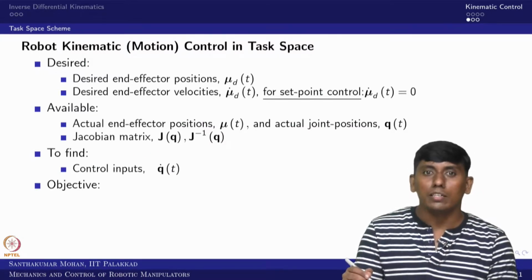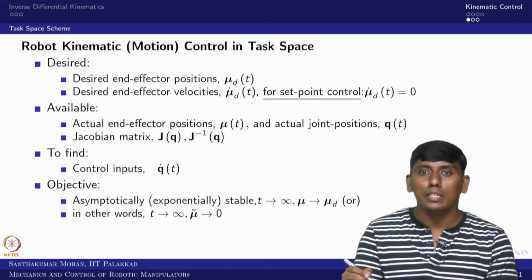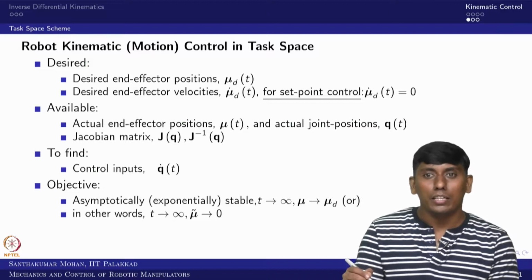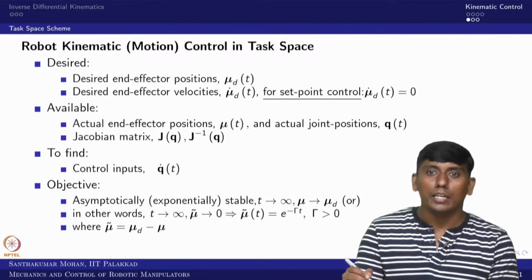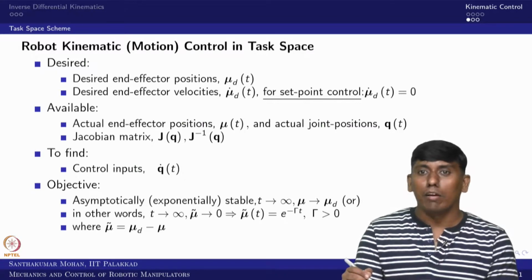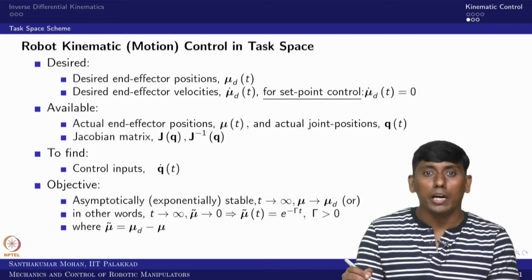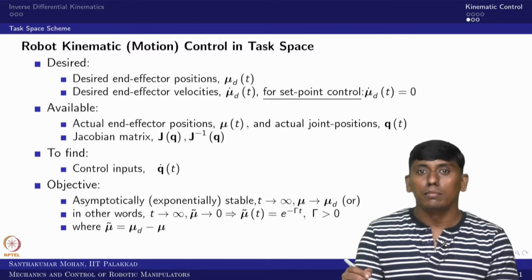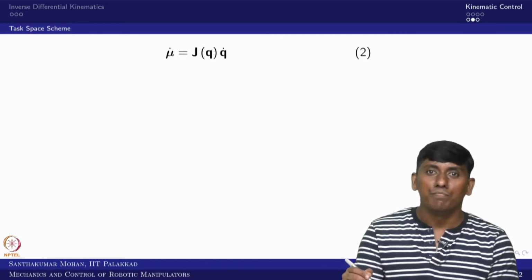The objective here is that the mu tilde is supposed to tend to 0 when t tends to infinity, okay. Or the other way around, mu tends to mu desired when t tends to infinity. So for mu tilde, I can write it as exponential of minus gamma into t, where gamma is a positive constant, and mu tilde I have defined as mu desired minus mu. So based on this I can write this equation, okay.